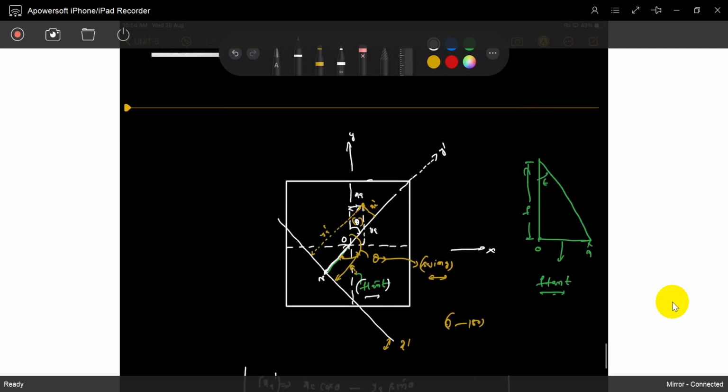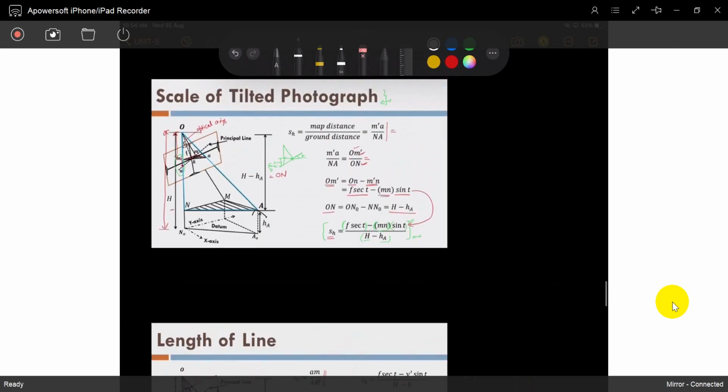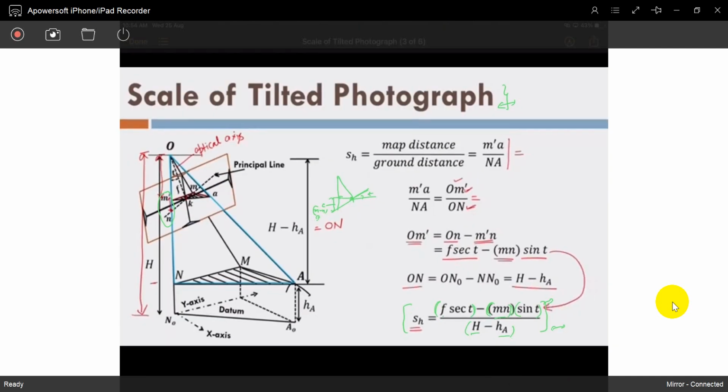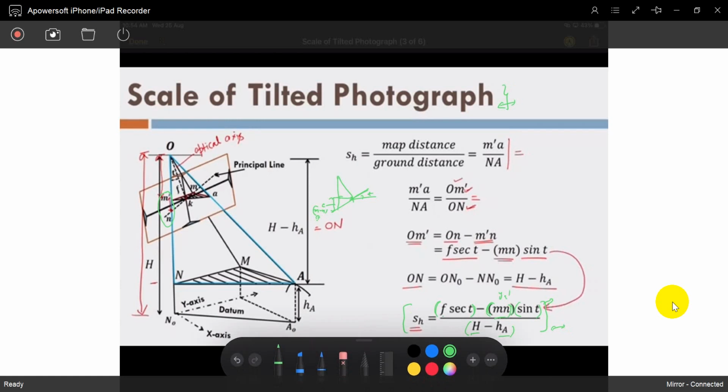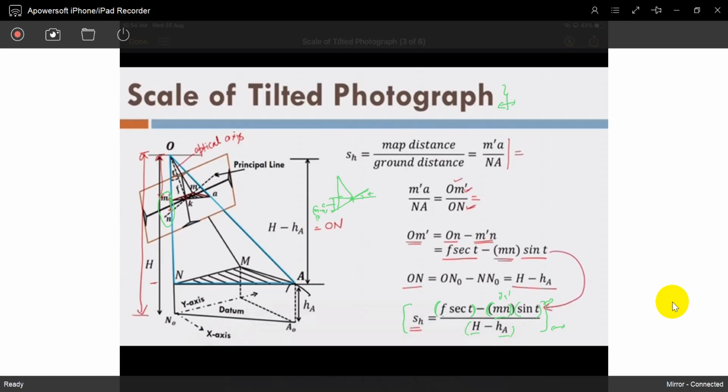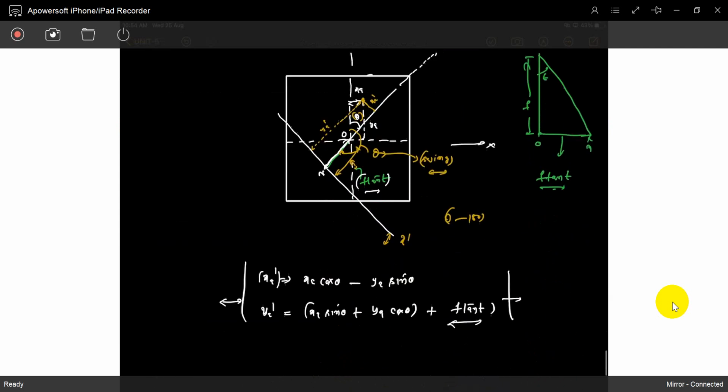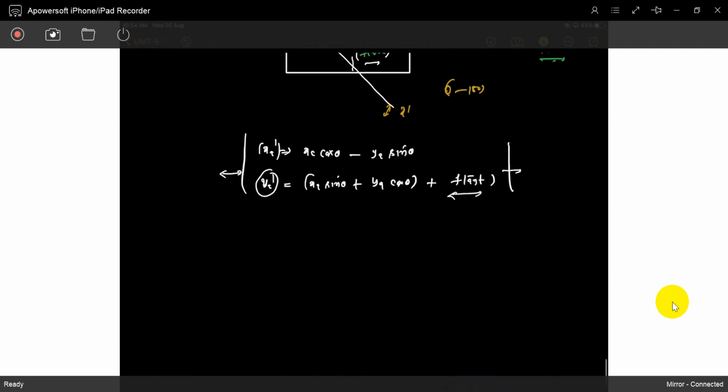Like this, if you see the images, there is a scale, this mn. This mn is y dash. What is y dash?